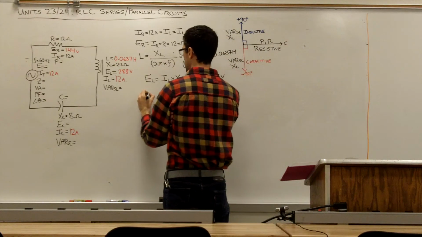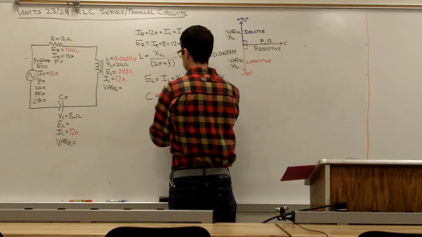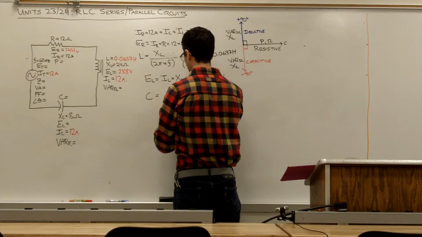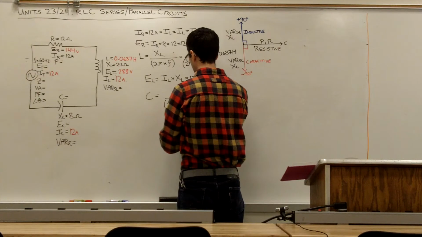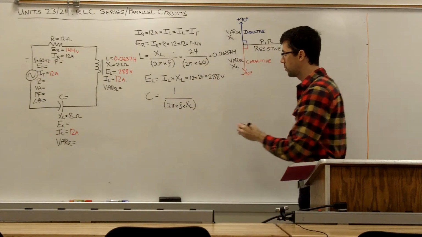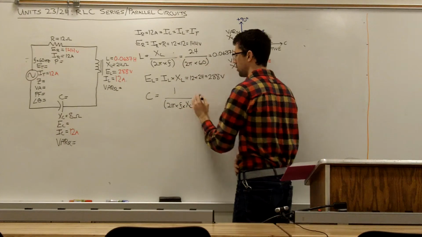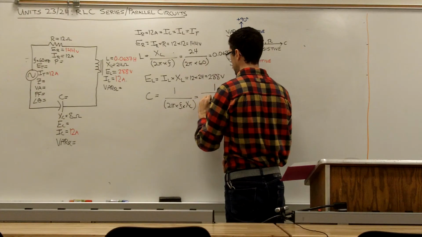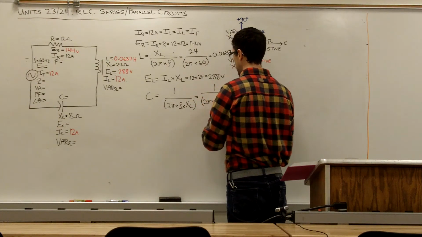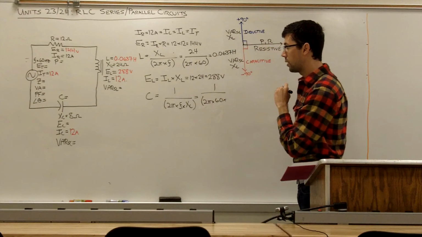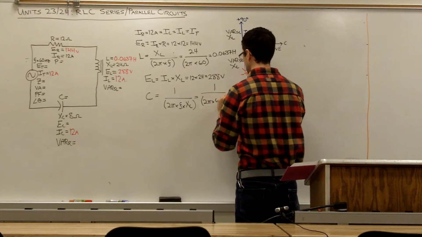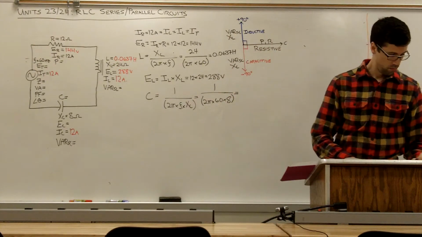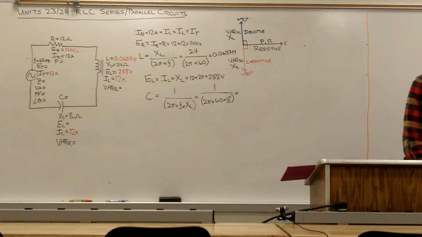The capacitance is equal to 1 divided by 2 pi times your frequency times the capacitive reactance. So that's 1 divided by 2 pi times 60 times 8 ohms. Throw that on our calculator.